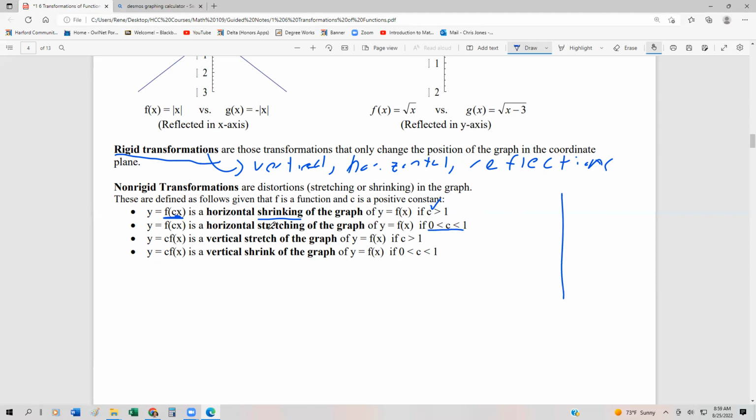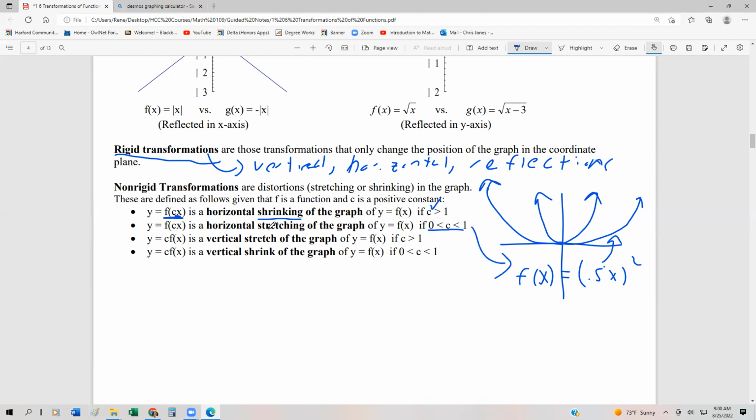So if I had my parent function, my quadratic, and let's say for some reason we did this, then that might be something like, since this number would be between 0 and 1, 0.5x squared. So in other words, it would just stretch that function out. We'll see some examples of this. So that's what we mean by stretching and shrinking.